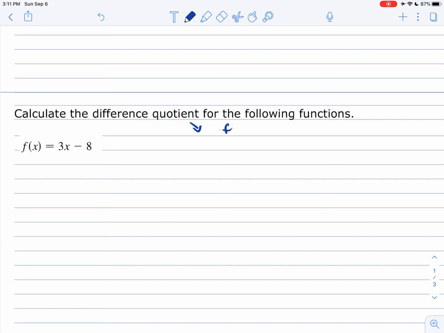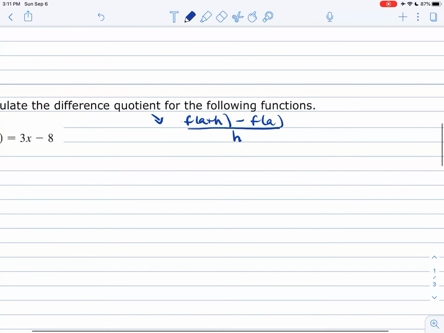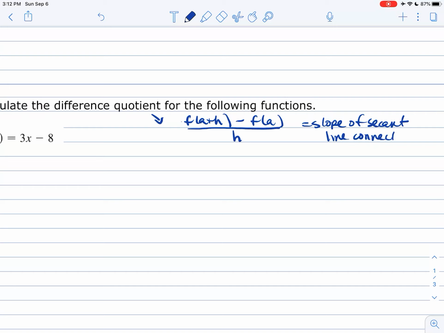So let's build our difference quotient, and remember the difference quotient is f of a plus h minus f of a over h, and that does define the slope of the secant line connecting a, f of a and a plus h, f of a plus h.